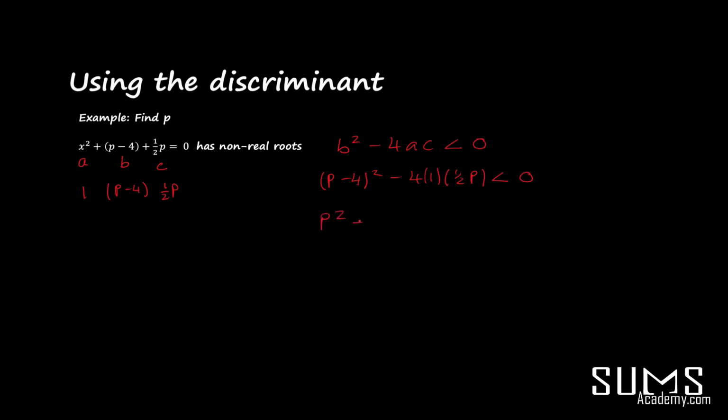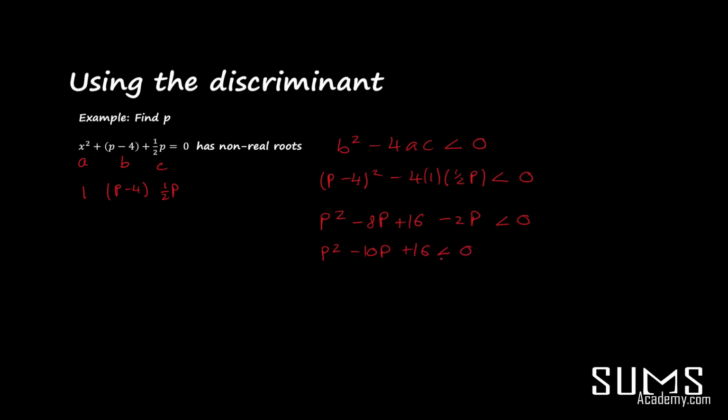p squared minus 8p plus 16 minus 2p is less than 0. So this just becomes p squared minus 10p plus 16 is less than 0.